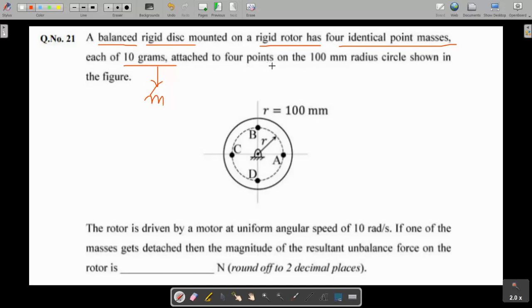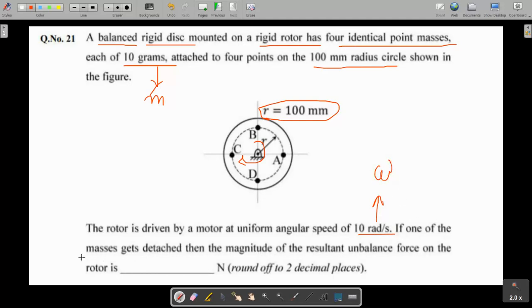It is attached to the 4 points at the 100 mm radius. This radius is 100 mm. So from the center, it's like a hub on the shaft. As shown in figure, the rotor is driven by a motor with a uniform angular velocity 10 radian per second. That means omega is given to us.